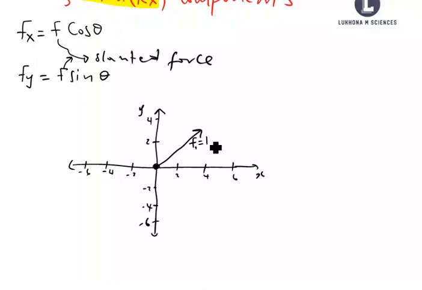Let's say this one is 2 newtons in this direction, as you can see. Then they give you another force. Let's say this force is in this direction. They say this one is force 2, which is maybe 3 newtons.